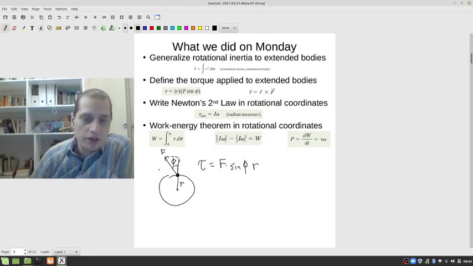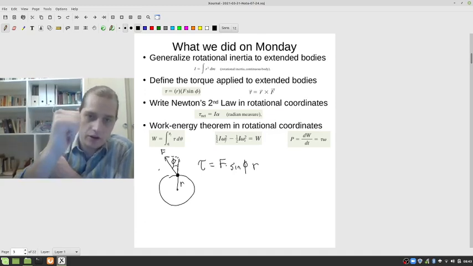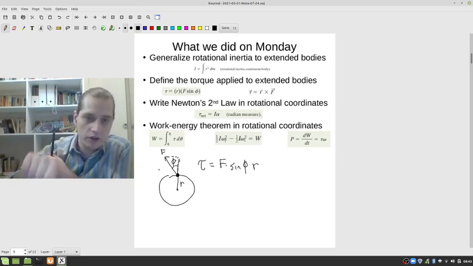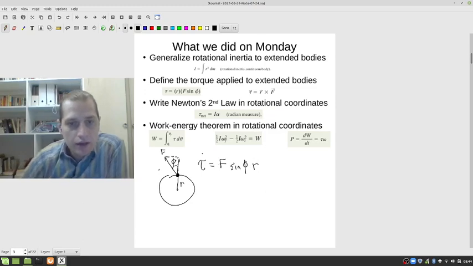And we can find a direction for the torque by using our right hand. R cross F, and then our thumb is going to be pointing one direction or another. The torque is always going to be perpendicular to F and R. If we think about this as a vector, the vector torque is changing the vector angular acceleration.